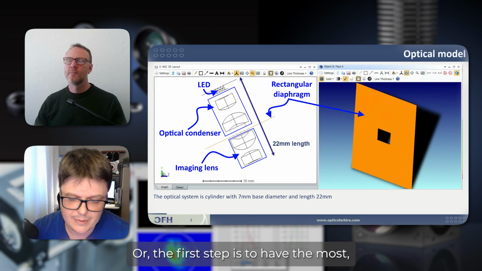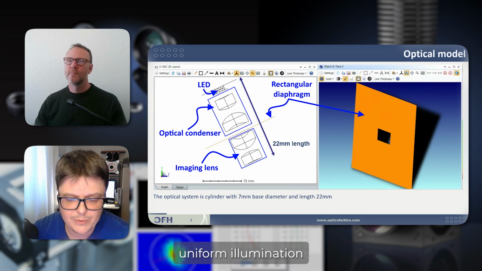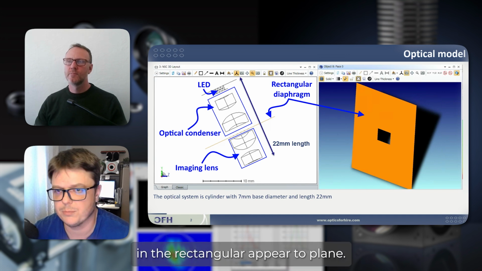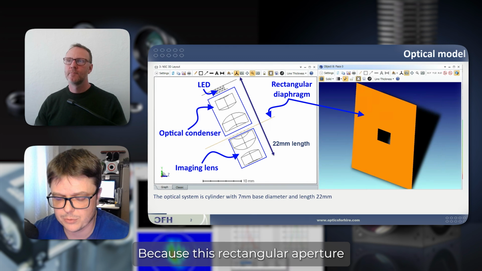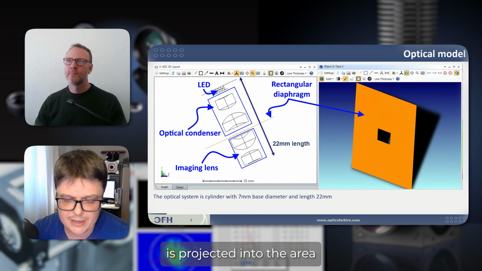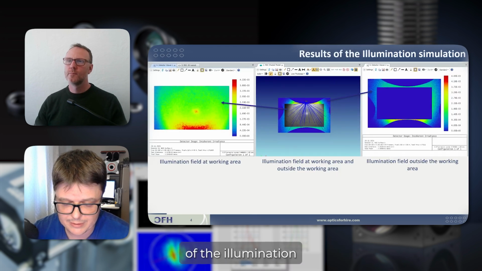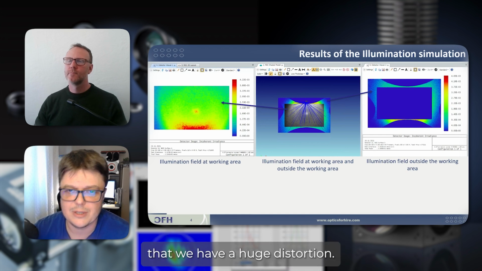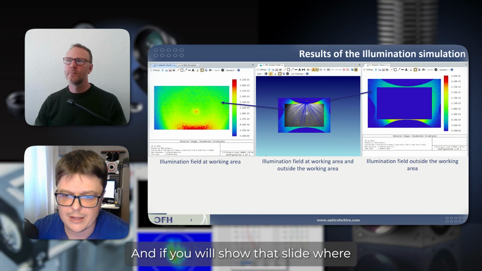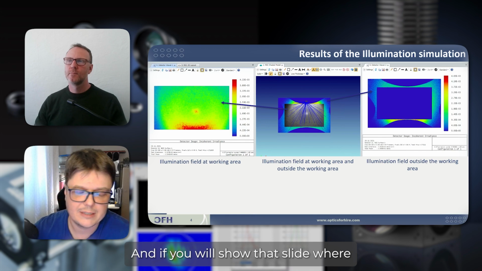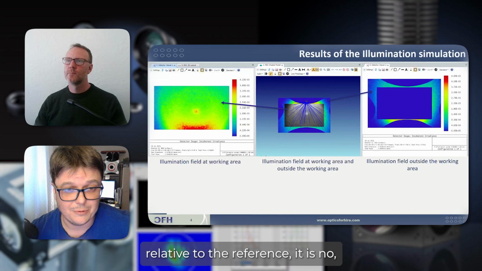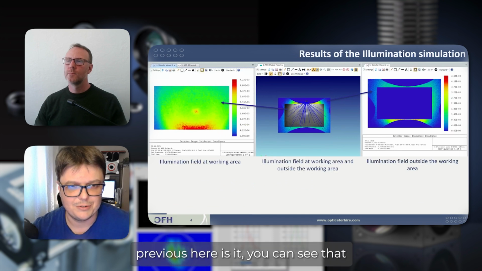There are two stages of optimization. The first step is to have the most uniform illumination in the rectangular aperture plane, because this rectangular aperture is projected into the area of the illumination, into the illumination field. But we need to take into account that we have a huge distortion. If you show the slide with the placement of the illumination system relative to the area of interest, here it is.